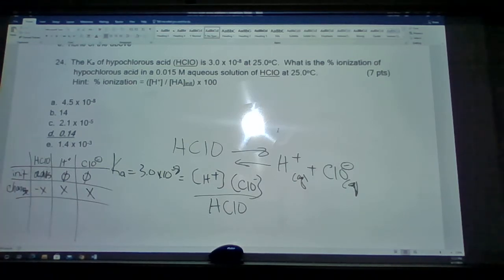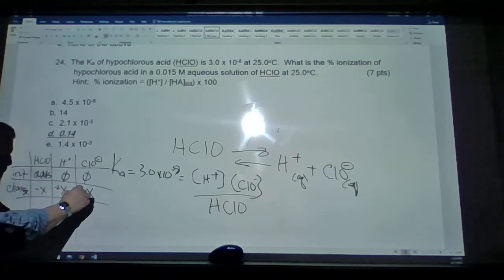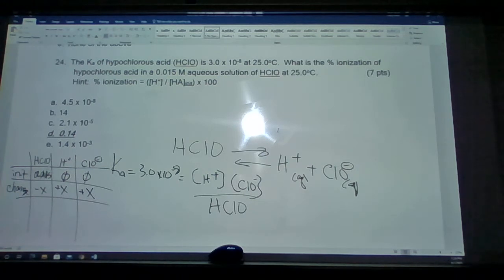So the change there is a minus X. We make plus X of H plus, and since H plus and ClO minus are produced in a 1-to-1 mole ratio, this is also plus X. Such that at equilibrium, you have 0.015 minus X, plus X, plus X.